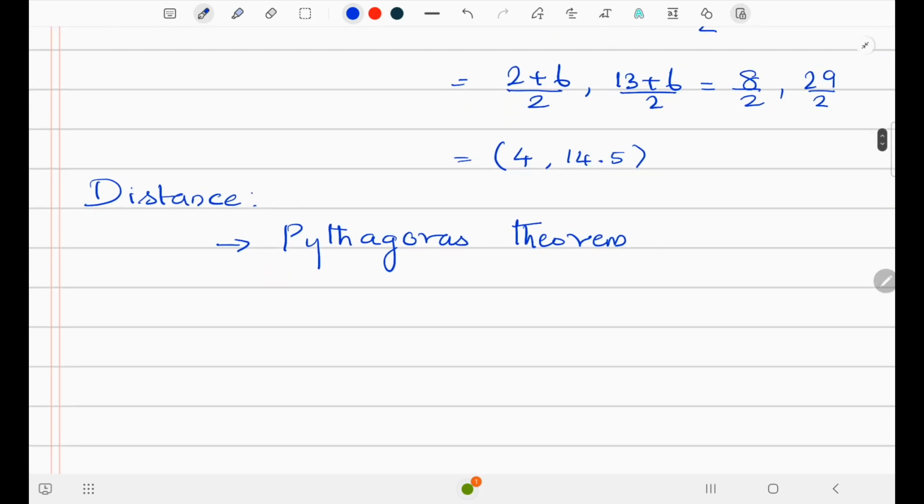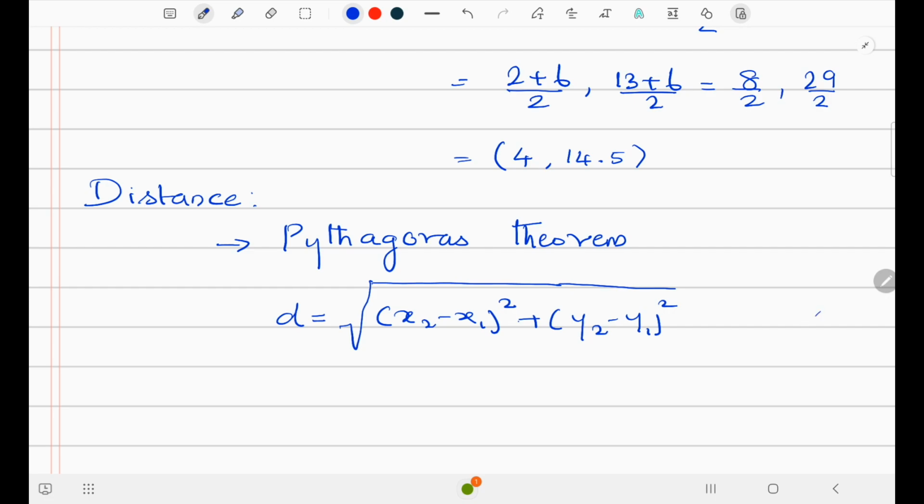So the Pythagoras theorem states that the distance is the square root of x2 minus x1 the whole square plus y2 minus y1 the whole square.